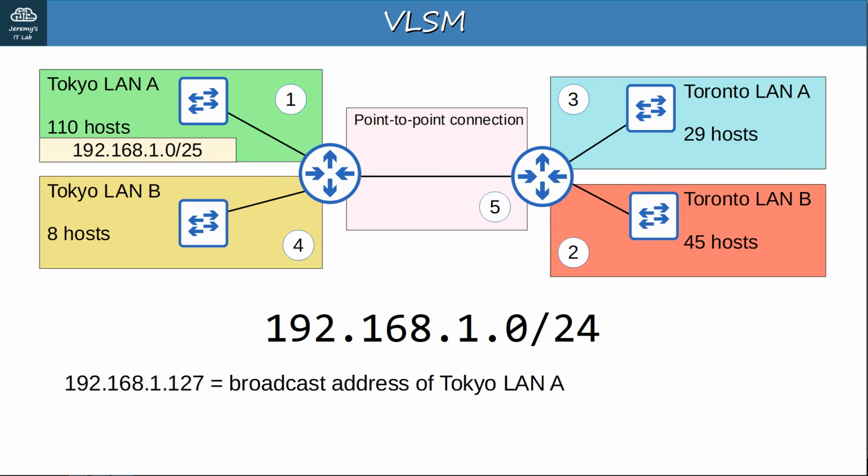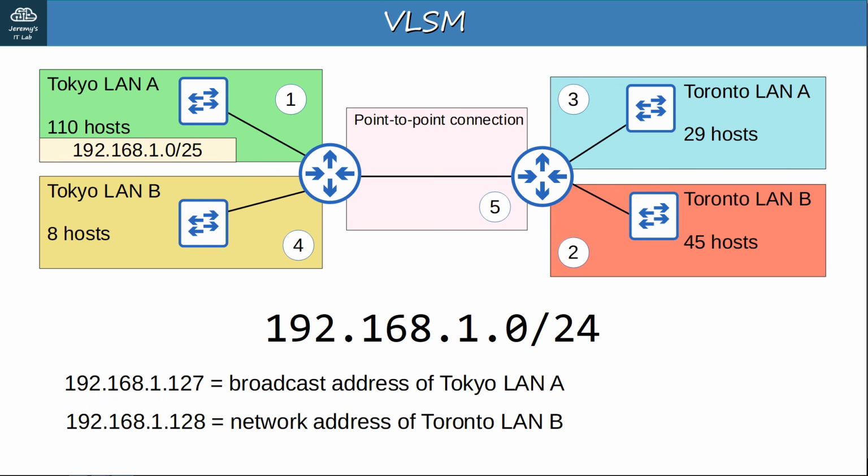So 192.168.1.127 is the broadcast address of Tokyo LAN A. If we add 1 to that, we will get the network address of the next subnet, which will be used for Toronto LAN B. Therefore, 192.168.1.128 is the network address of Toronto LAN B. But we're missing one important point.